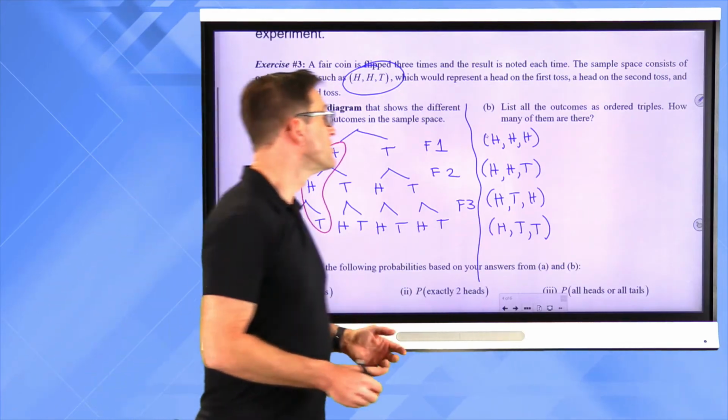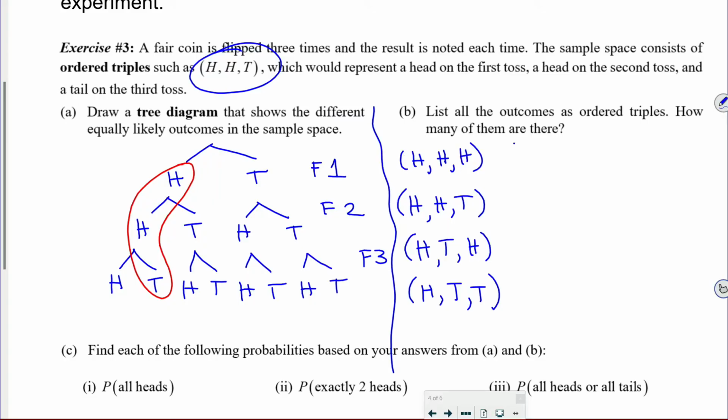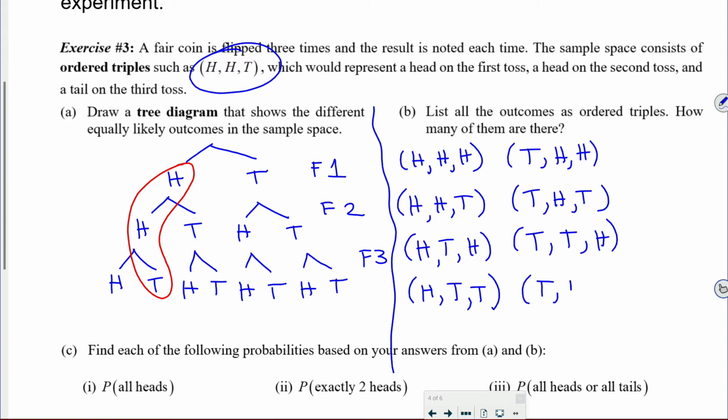All right, let's do it. Again, I can just be systematic about it. I could get a tail, then a head, then a head. A tail, then a head, then a tail. A tail, then a tail, then a head. And a tail, a tail, and a tail.